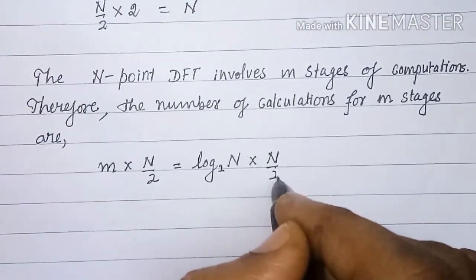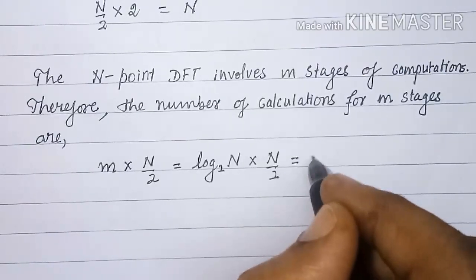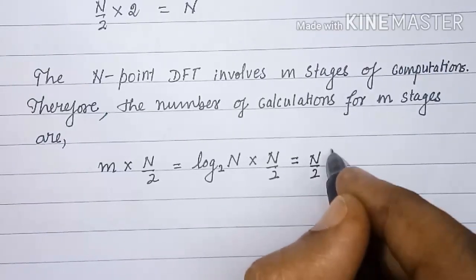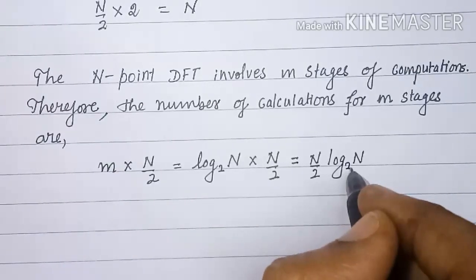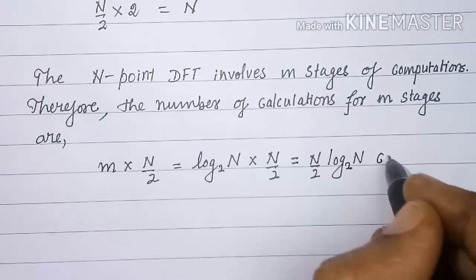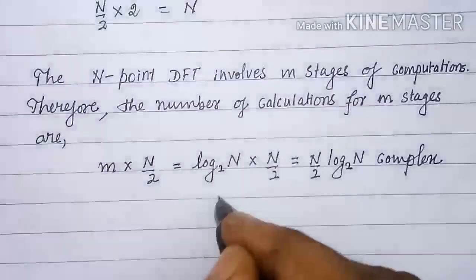That is equal to N by 2 into log N to the base 2 complex multiplications.